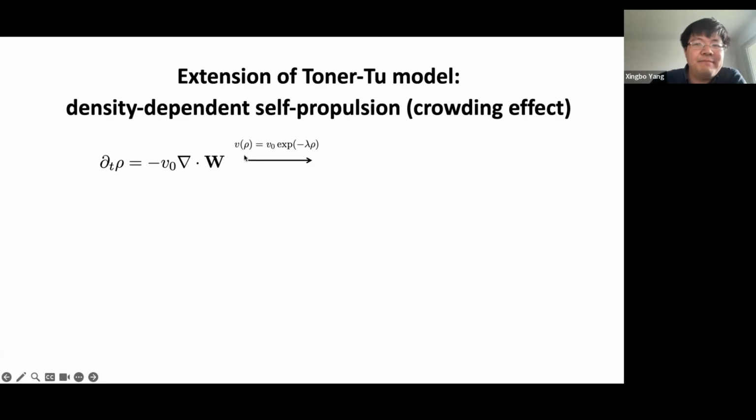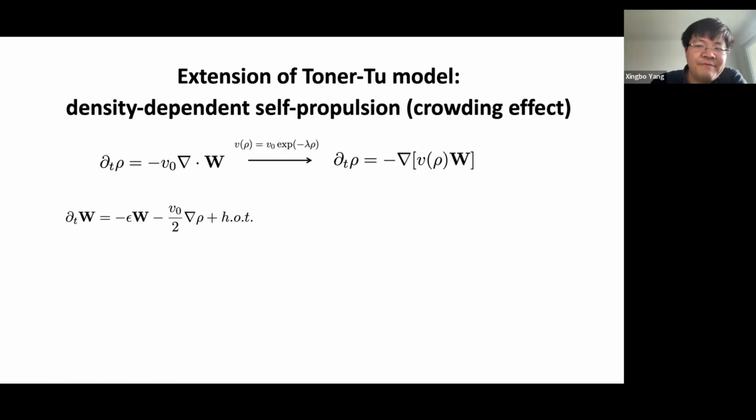Here, a very simple, again phenomenological, thing you can do is assume that your self-propulsion speed is not a constant but depends on local density. If you do that, you have to move the velocity into the gradient terms, because it depends on density, which is the field. And again, you also have to consider the polarity field.